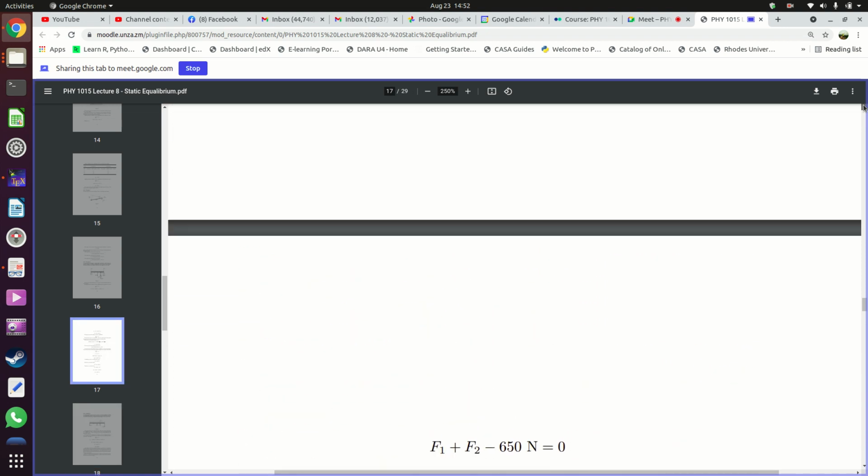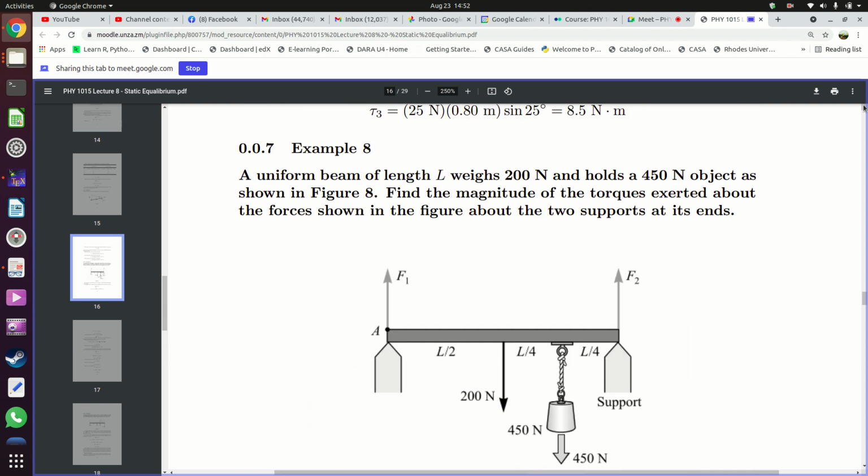So here, 7. A uniform bar of length L weighs 200 newtons and holds a 450 Newton object as shown in figure 8.